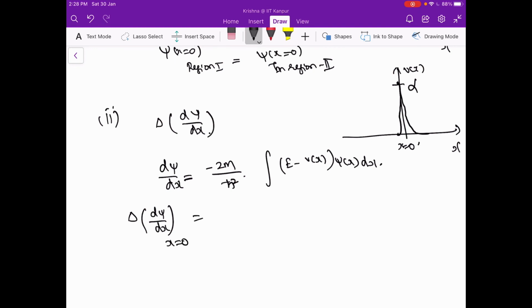It is just this particular value, minus 2m by h bar square, under a limit that some constant chi tending to 0, integral from minus chi to chi of e minus v of x psi of x dx.